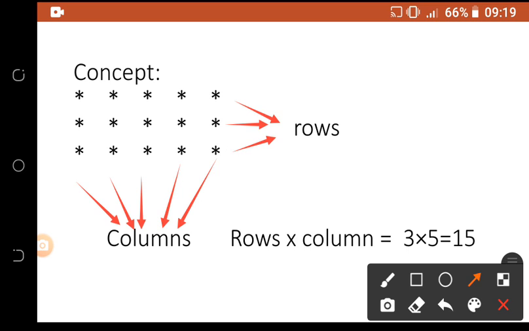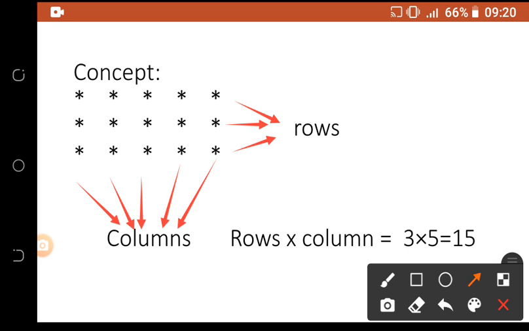So if I am interested in knowing how many stars are there in this arrangement, it is very important for me to know that the rows are 3 and each row has 5 stars. That also corresponds to the number of columns in the arrangement. So sometimes the question is, there are 3 rows, each row has 5 stars.